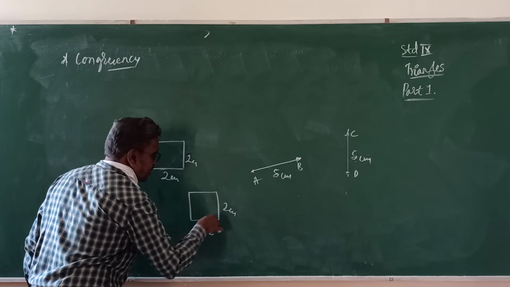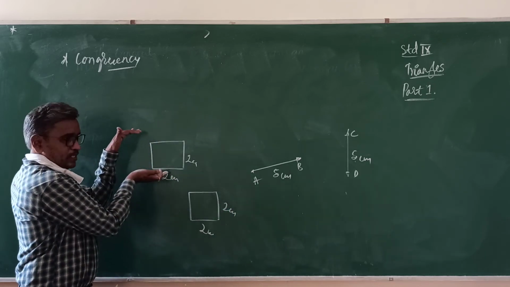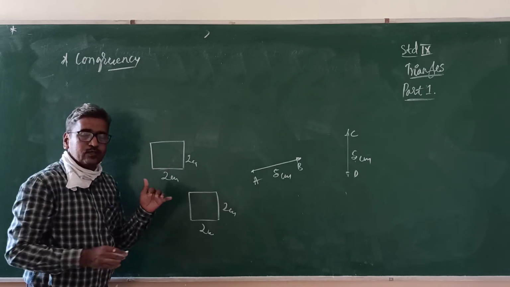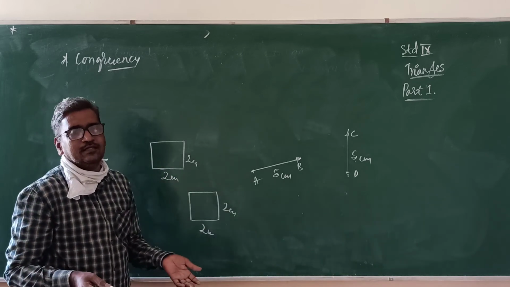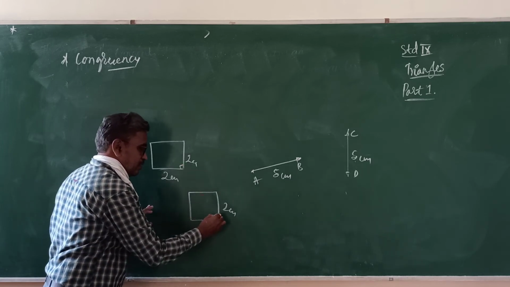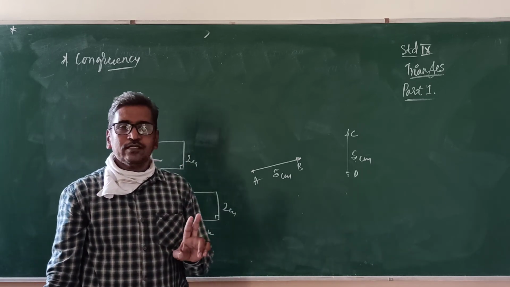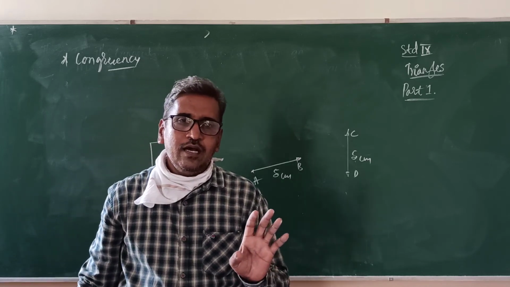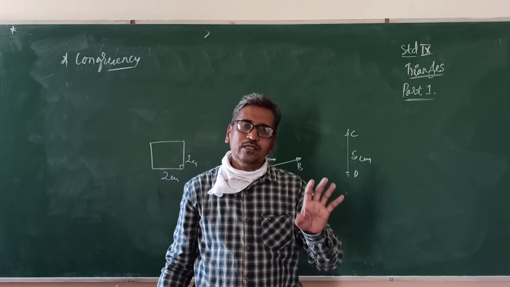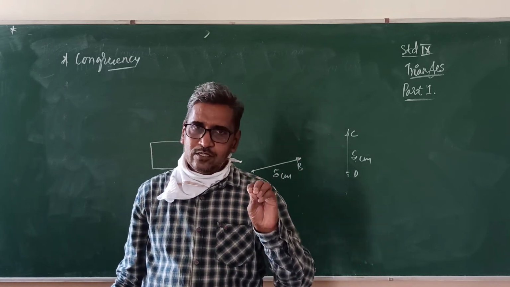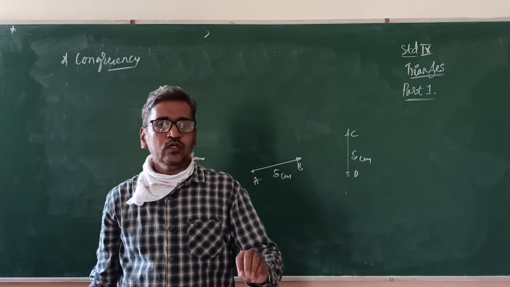When one is kept above the other, they exactly coincide. So we can call these corresponding sides and corresponding angles. Not only the sides but the angles are also equal. Two figures are said to be congruent when they have the same size, sides equal and angles equal.